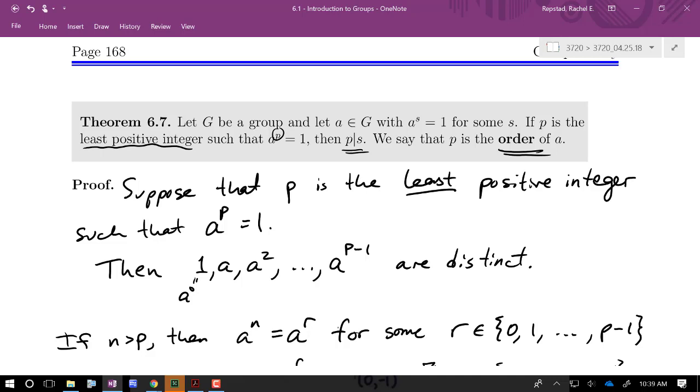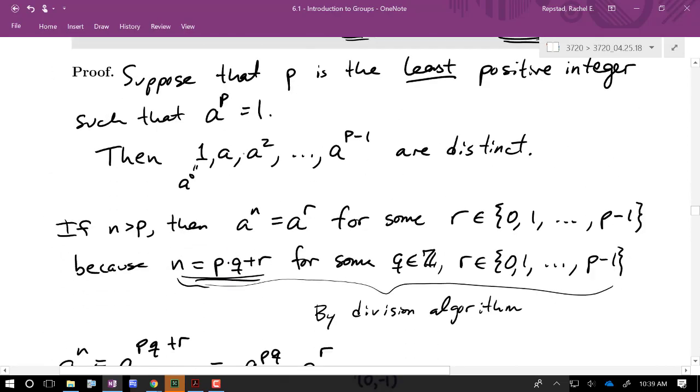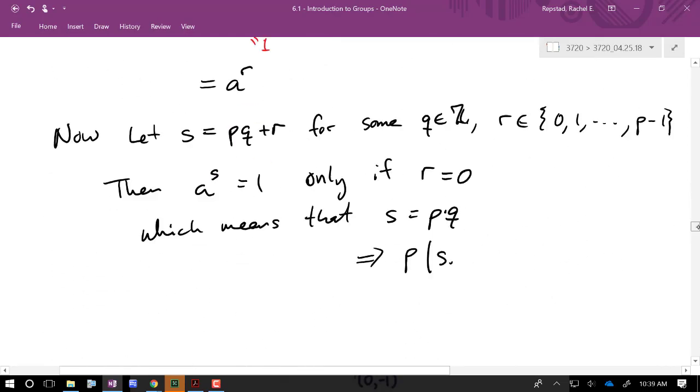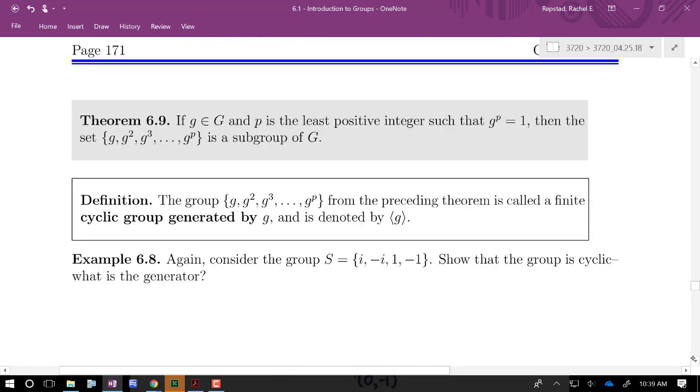And you will get that behavior with a particular element if you just keep doing that. It does not necessarily mean that the group itself has to be cyclic, although those do exist. But you will get some cyclic behavior if you take an element and keep smashing it together with itself. So that's what we're going to define here.